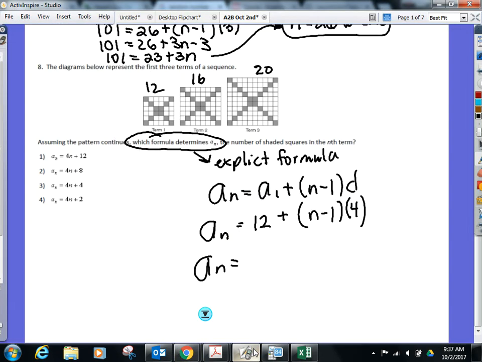What do we have? Yep, plus 12. Okay, ready? 12 plus 4n minus 4.